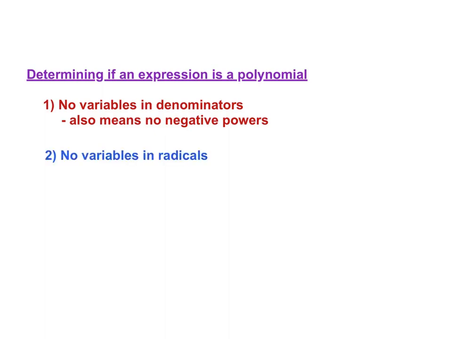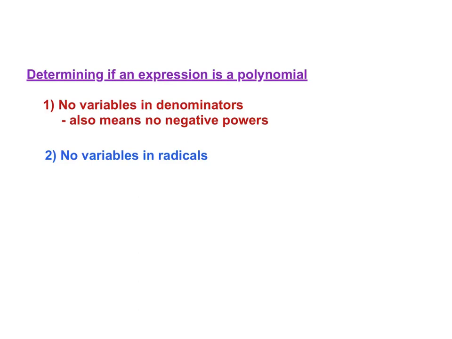Next. No variables in radicals or under radicals. Remember, radicals like a square root sign. Can't have a variable there either. When you're asked to determine if something is a polynomial, if it is, you just say this. There's no variables in denominators and no variables in radicals, therefore it's a polynomial. Okay?